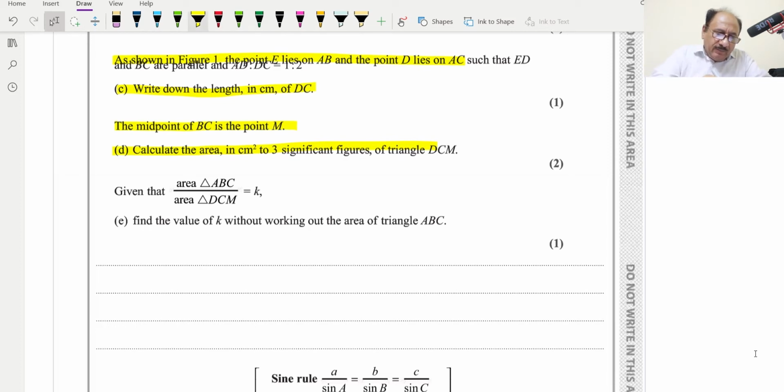Now part E. Part E is saying, given that the area of triangle ABC over the area of triangle DCM is equal to K, find the value of K without working out the area of triangle ABC.